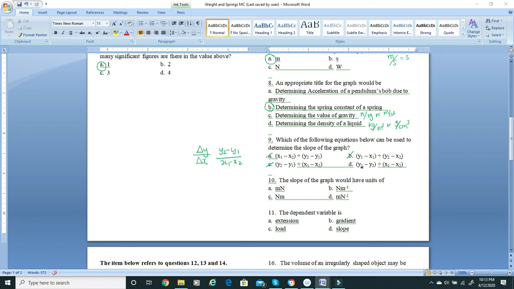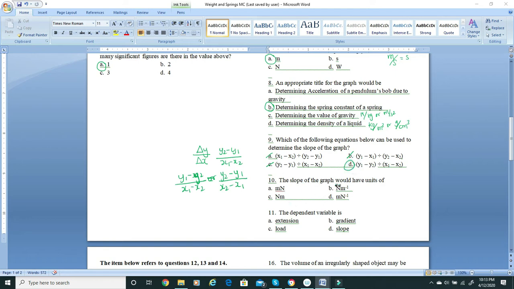So this one is y1 minus y2 over x1 minus x2. You could also have y2 minus y1, but below must have x2 minus x1. It must go in order. Okay, so D is our answer here.